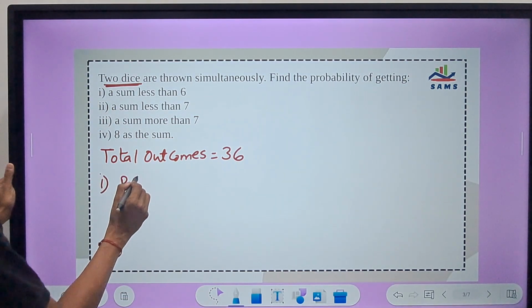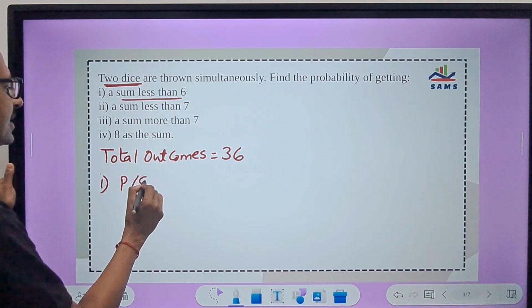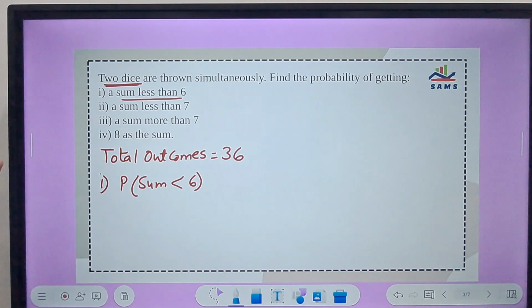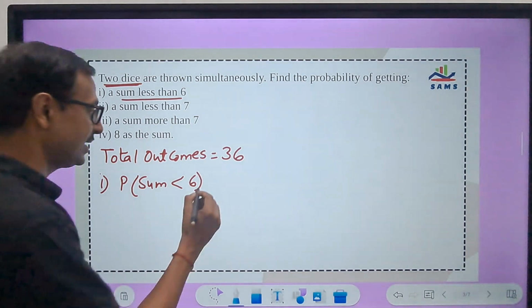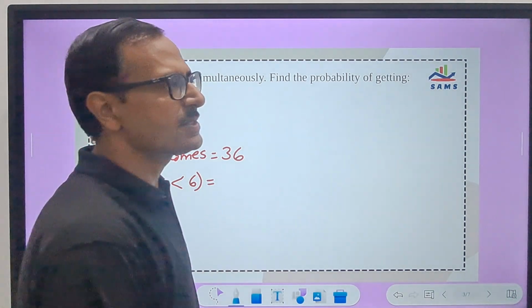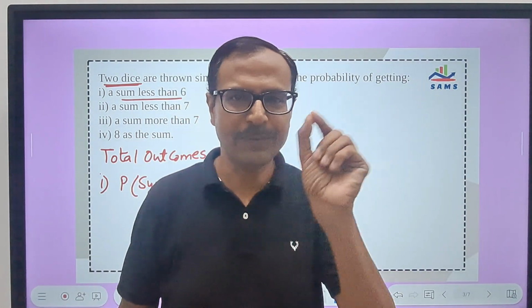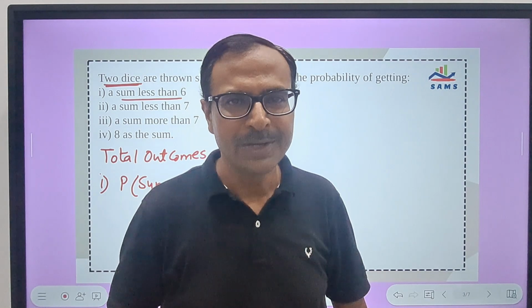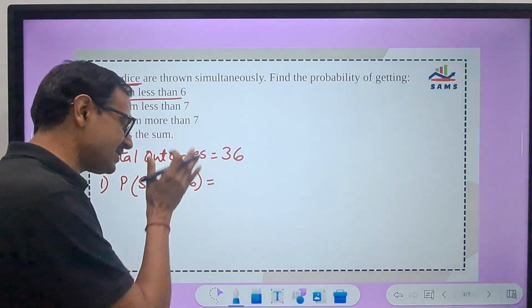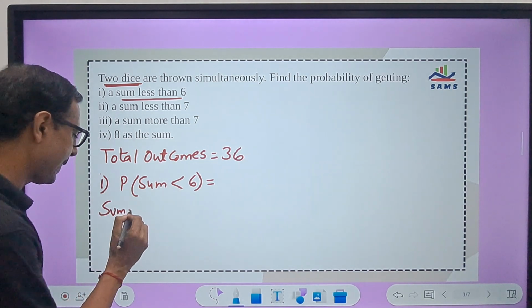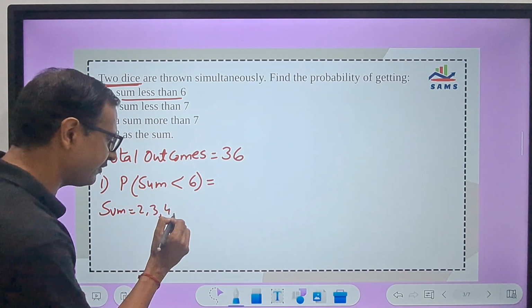What is the probability of getting a sum less than 6? Sum is less than 6. Okay. So sum can be minimum 2, right? 1, 1. Both dice have 1, so sum can be only 2. So if we say sum is less than 6, that means the sum can be 2, 3, 4 or 5.